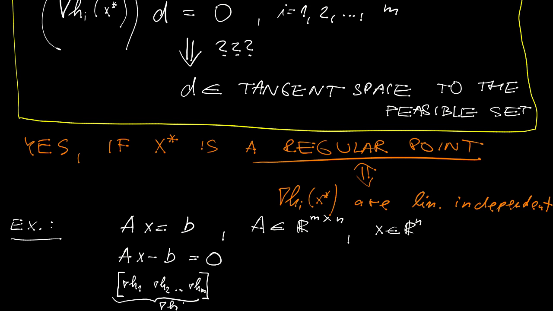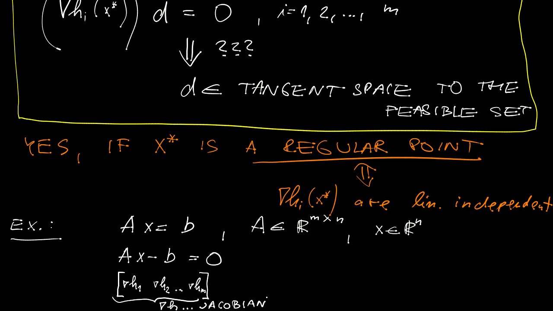In fact, this is no longer a vector, so it's kind of abuse of terminology here. This is very often called in literature the so-called Jacobian. It's a matrix, Jacobian matrix.